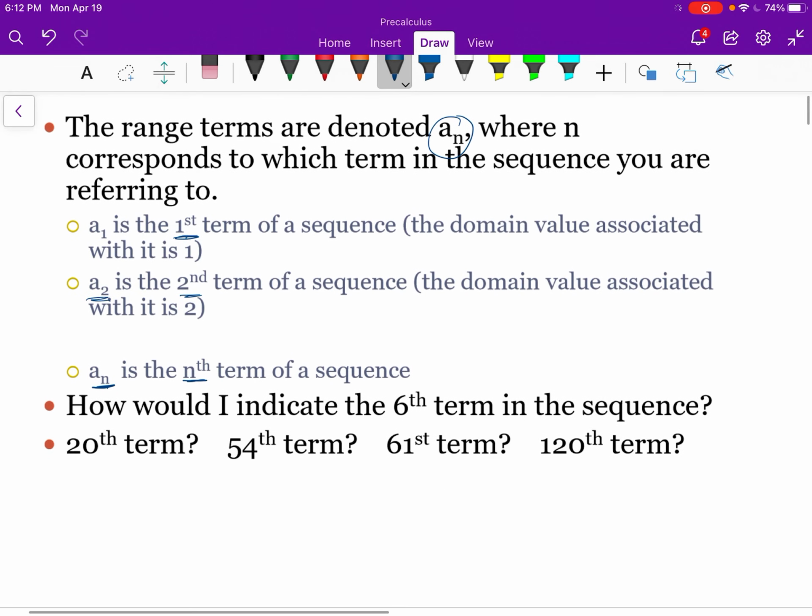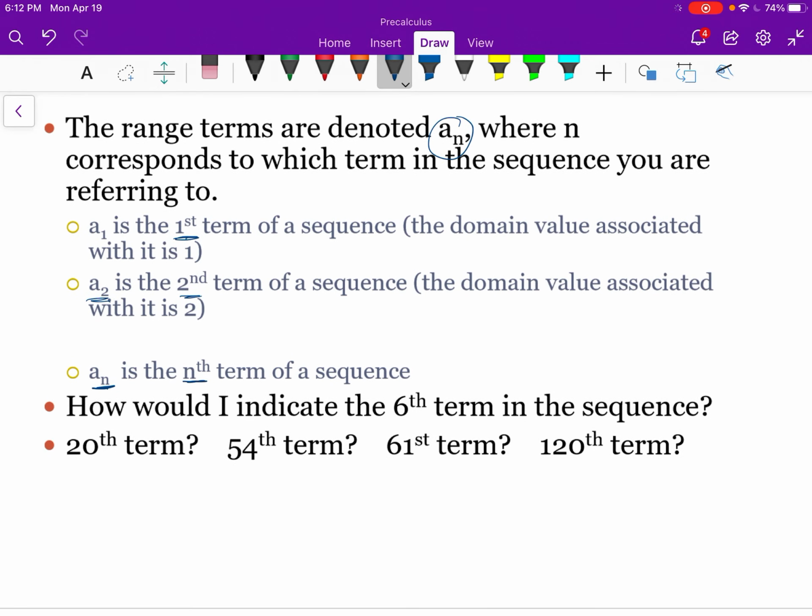So, here's a couple questions to look at. How would I indicate the sixth term? Well, if it's a sequence dealing with a, now we don't always have to use a, by the way, but here we are.